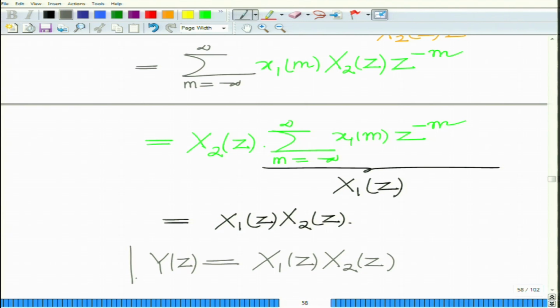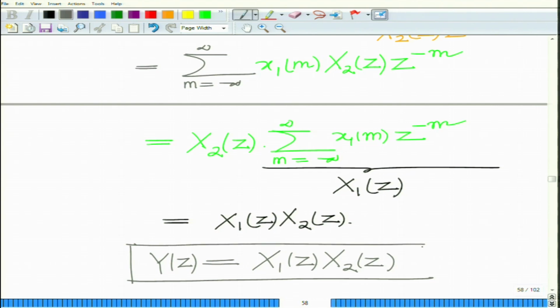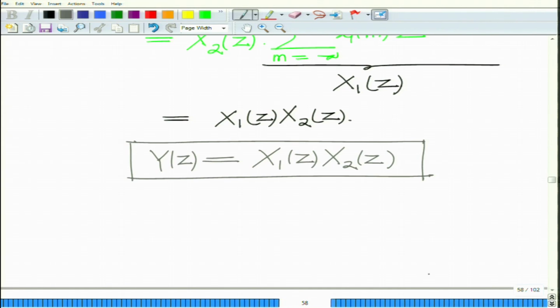So, the Z transform of the convolution of two signals is basically the product of their Z transforms, and this is similar to what we have seen in the Laplace transform. When you convolve two signals in the time domain, in the transform domain their Laplace transforms are multiplied. That is, the Laplace transform of the convolution of two signals is the product of the individual Laplace transforms.